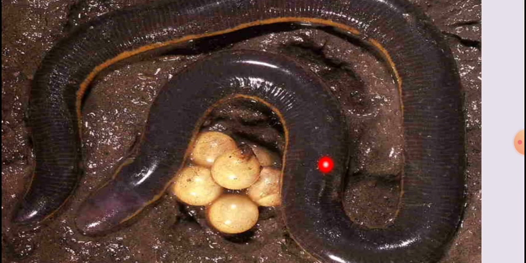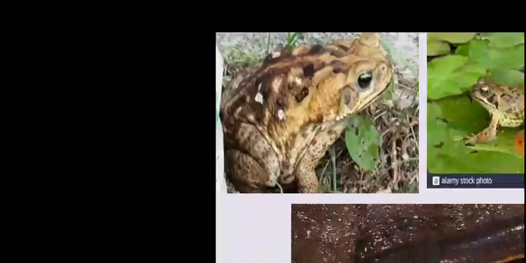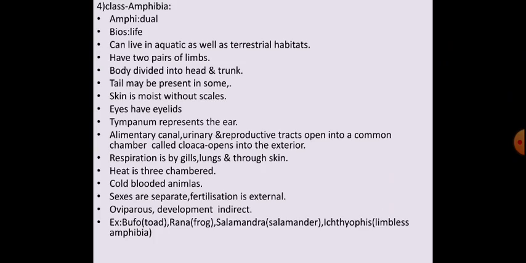It looks like a snake, but it is an amphibian without limbs, a limbless amphibian. These are the examples: Bufo, Rana, Salamandra and Ichthyophis.